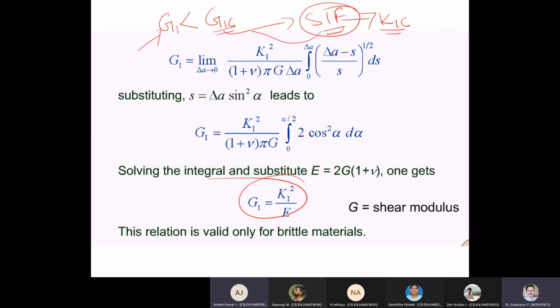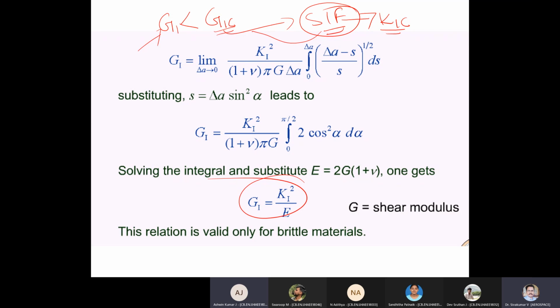Always the stress approach is easier to deal with than the energy approach. So through the stress approach, people will find K1C for the same material. I want to perform in energy, but I'm having a stress value. How can I compare? You can use this relation to get this one. You got what I'm saying?